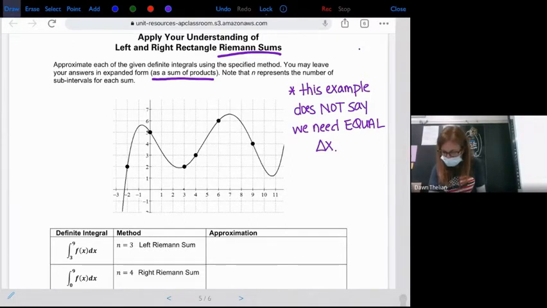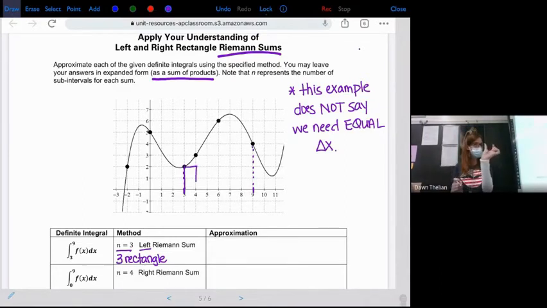So we're trying to calculate this space here from 3 to 9 using n equals 3. So they want me to make 3 rectangles. And it's saying a left Riemann sum. So we're going to have to use the y values on the left side. So for the first rectangle, I'm going to use this height of 2, but I'm only going to make it 1 box wide.